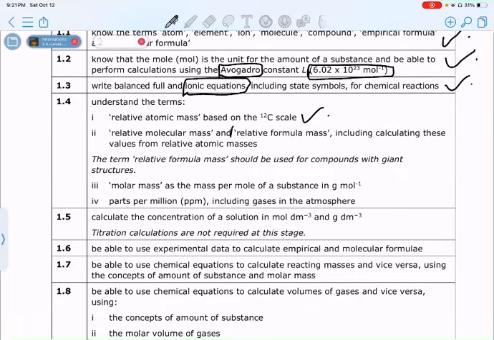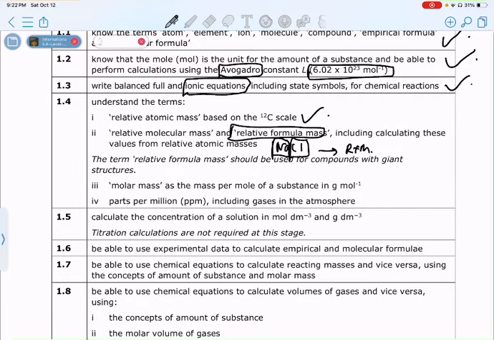Essentially, relative formula mass, when you have a compound like NaCl, you will essentially add the atomic mass of Na plus the atomic mass of Cl to get your RFM. That's how to do that.